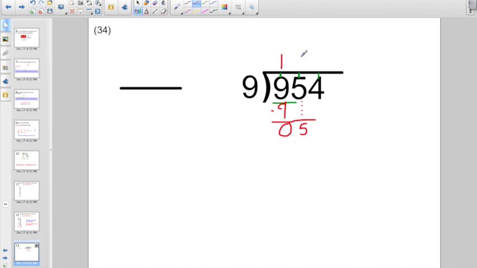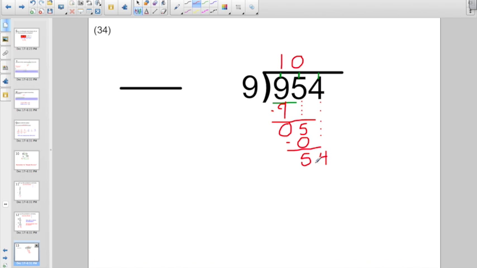No, it doesn't. So I'll have to write a 0 here. Multiply this answer back. 0 times 9, hey, that's 0. 5 minus 0, that's 5. And bring down your last number, the 4. Park it right next to your subtraction answer.